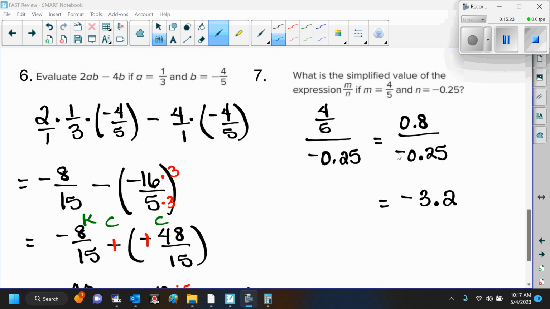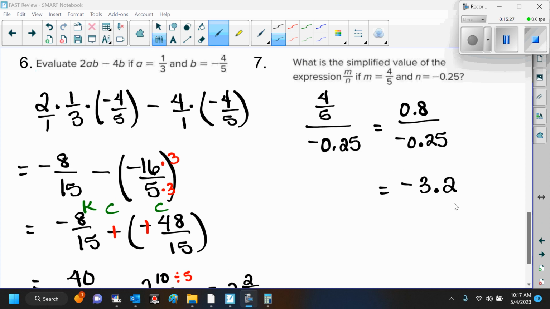And so positive divided by a negative is a negative. Now, if they wanted you to write this as a fraction, what would the fraction be? Negative what? Negative 3 2/10, which simplifies to, very good, negative 3 1/5.